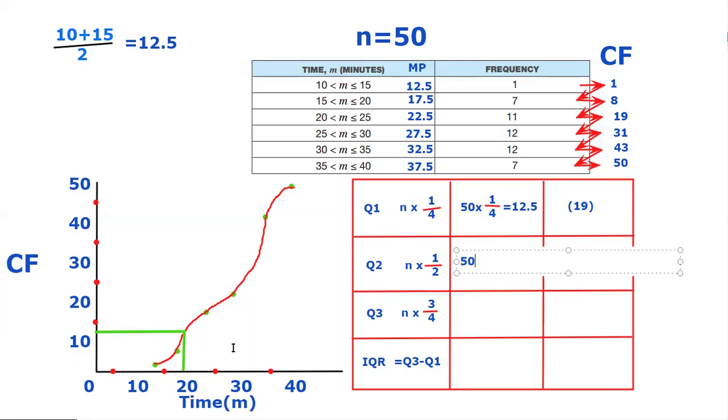That's the whole idea. Now here, 50, multiply it by 1 over 2, which is half of 50. And as we know, half of 50 is 25.